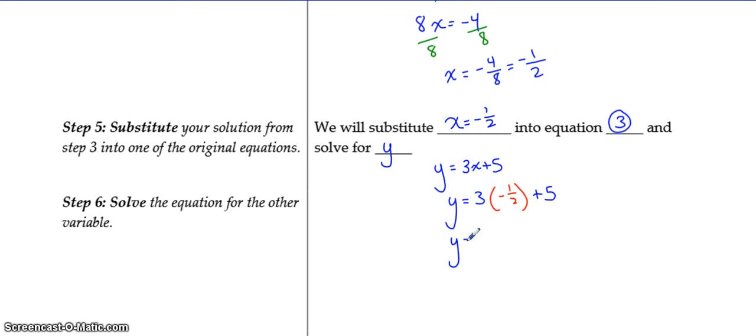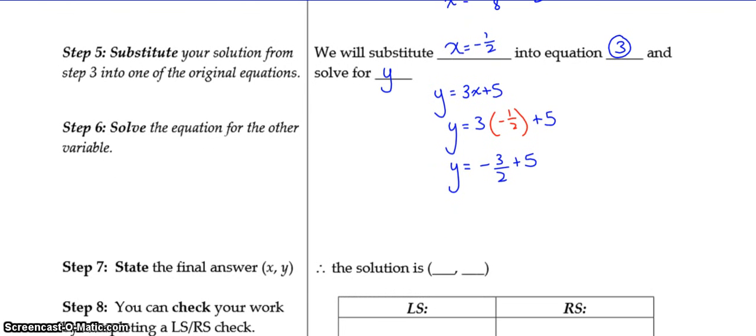Again, you can either use your fraction skills or the fraction button on your calculator. 3 times negative 1/2 is negative 3 over 2. And to add these, you can add them on your calculator or get a common denominator. 5 would be equal to 10 over 2.